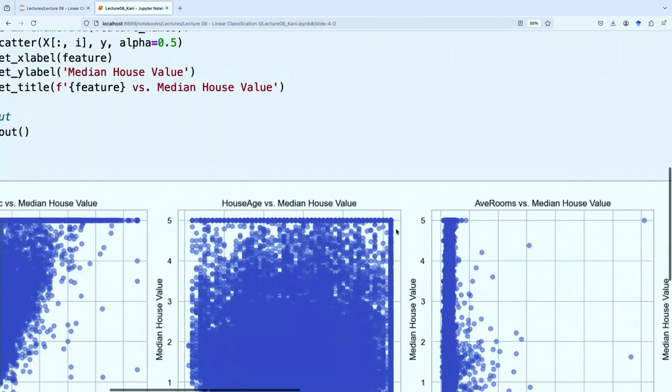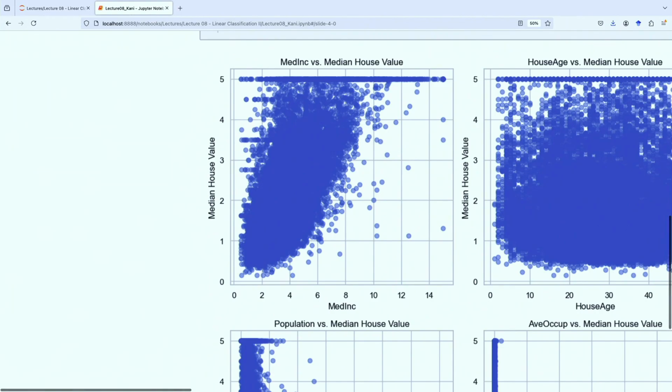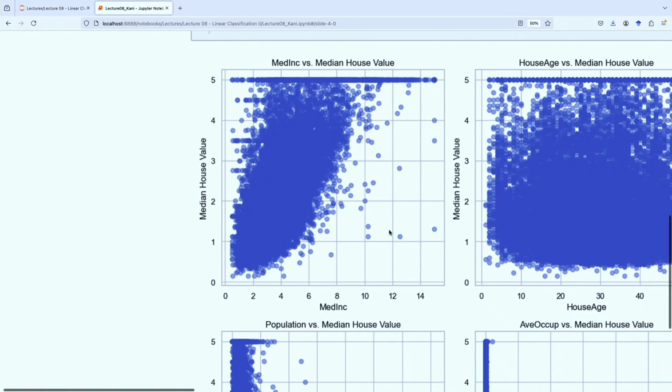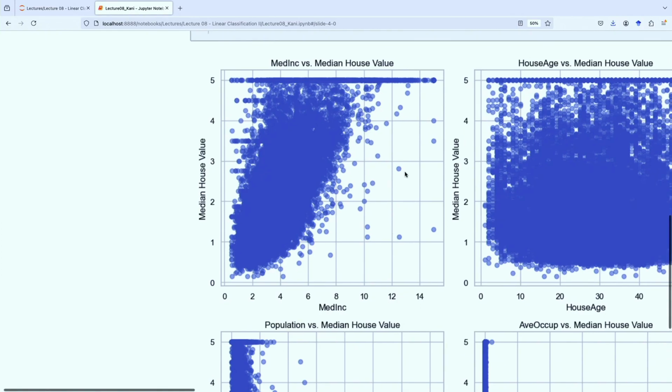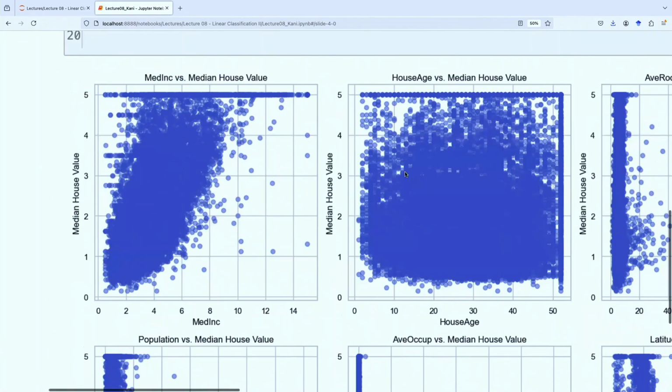It gives you a bunch of little factors, so you can play around with it and actually evaluate how much a house way back in the 90s was. For some of these things, it does seem like linear regression might work, right?